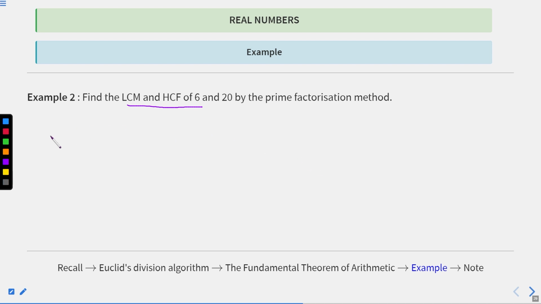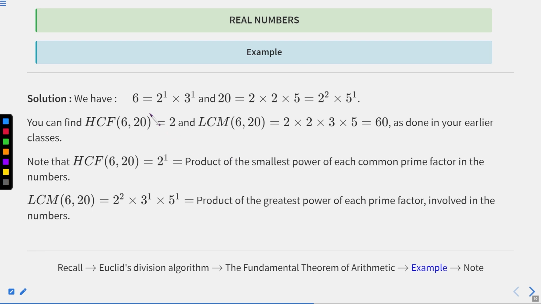The prime factors of 6 are 2 to the power 1 into 3 to the power 1, and the prime factors of 20 are 2 into 2 into 5, that is 2 square into 5 to the power 1.